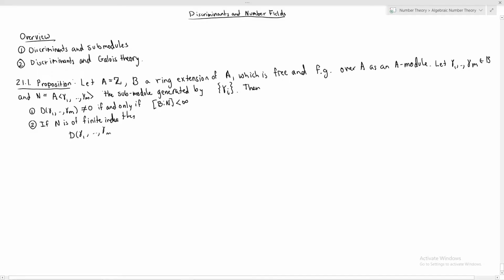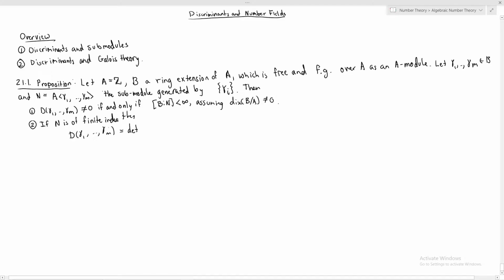Oh, I think there maybe should be an additional hypothesis. We should be assuming that the discriminant of B over A is non-zero. So there needs to be some non-degeneracy condition on the trace form.